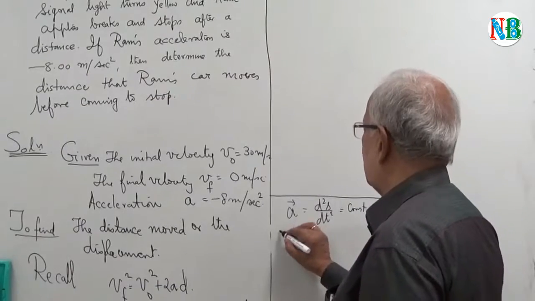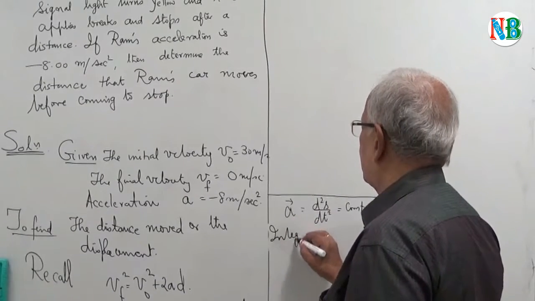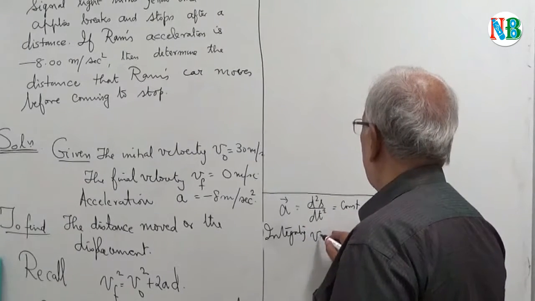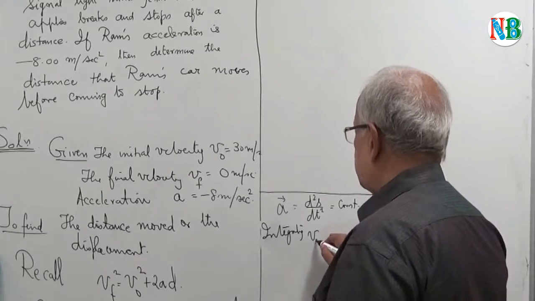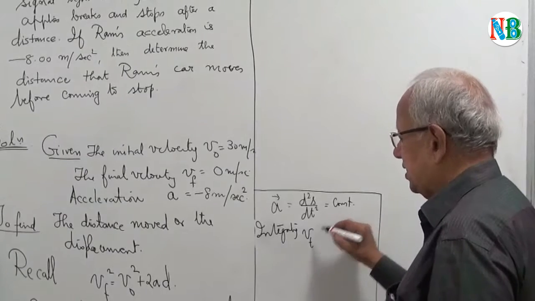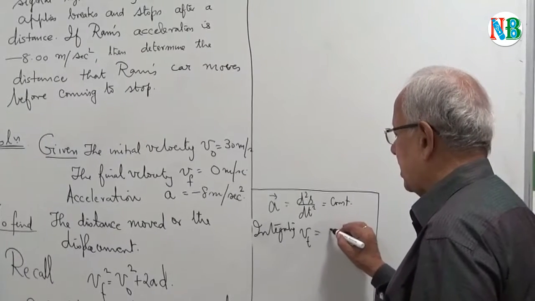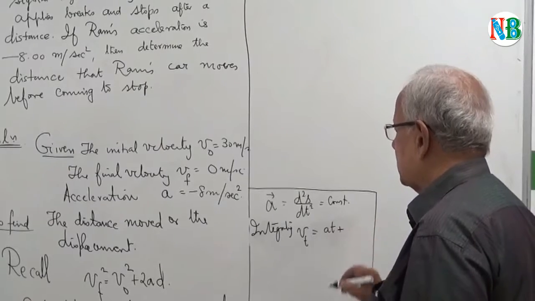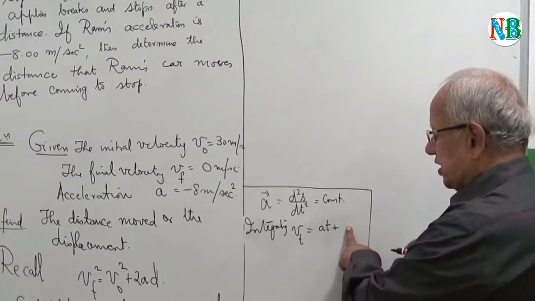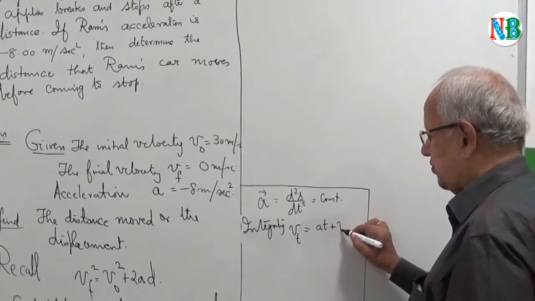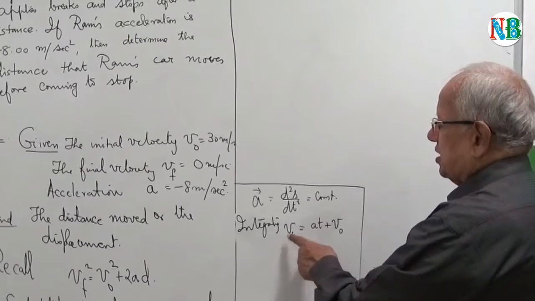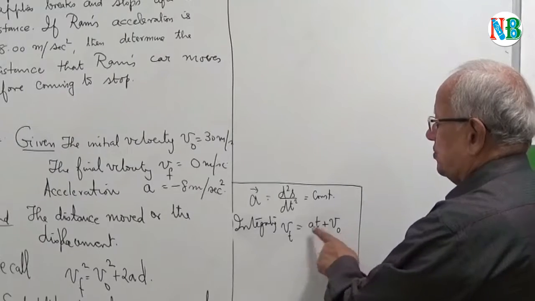Integrating, v, that we call velocity at time t, when we integrate the second derivative, we get ds by dt, that's velocity at time t, is a times t plus a constant of integration. When we substitute t equal to 0, that constant of integration should be the velocity at t equal to 0. So velocity at time t is the initial velocity plus at.